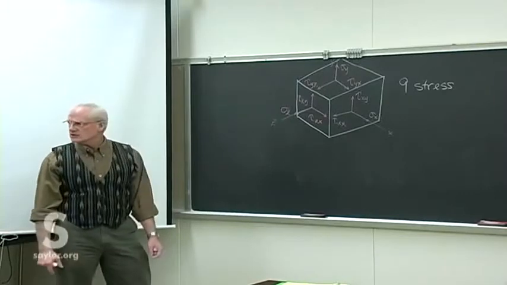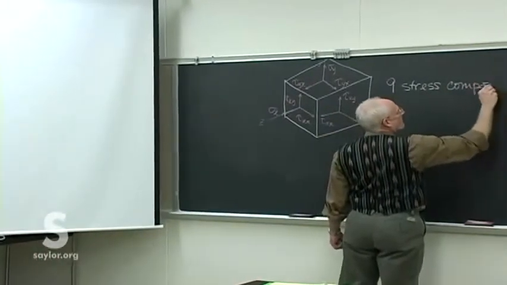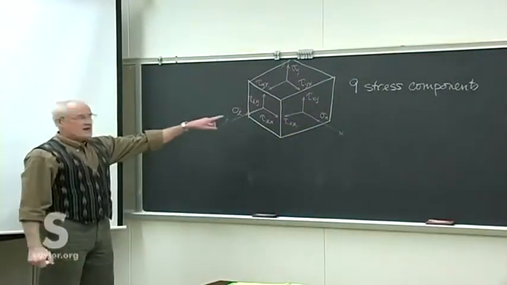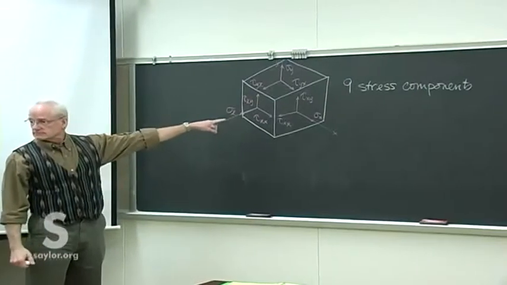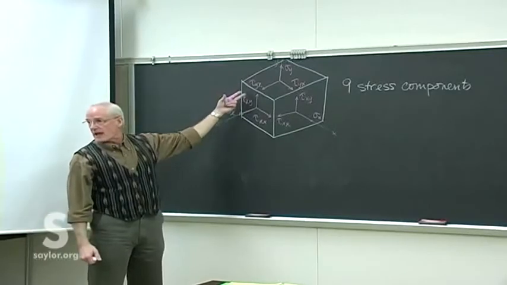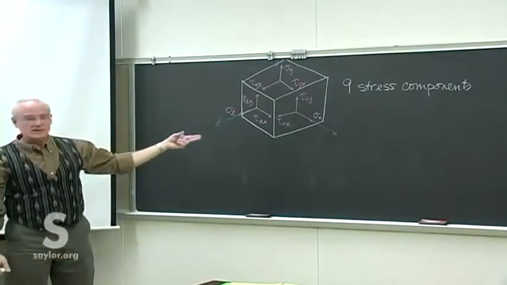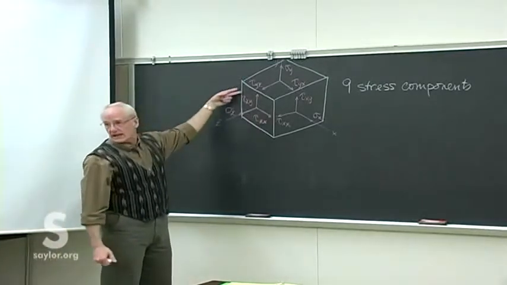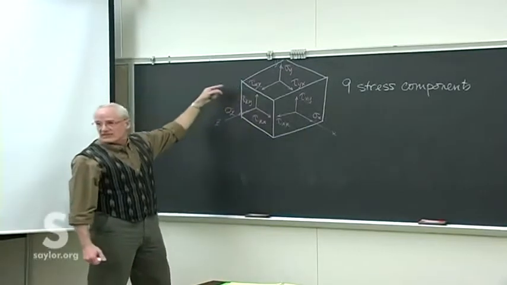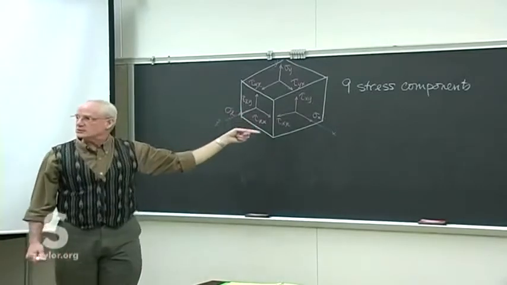We have 9 stress components, the 9 that you see, and then those are each mirror imaged on the back, but not to the point where we have 18 stress components, because on the back, for example, the normal stress in the X direction, we have to have the exact same normal stress in the X direction on the back side as well.